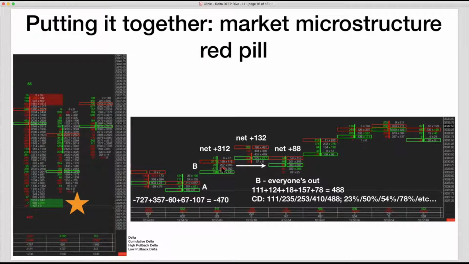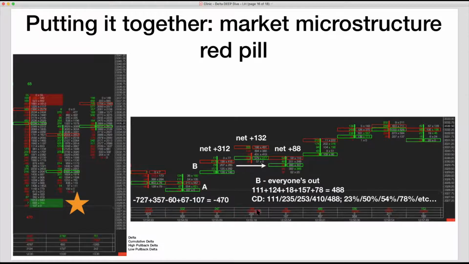Now, what I can also see is that at the close of this candle, I'm plus 18, 488 less 470, so at this price level, I'm net 18 contracts up. If I add the 217 and 77, I'm now net 312 contracts long from the point where everybody was out. And this is like hitting reset in your dome, but hitting reset at the absolutely perfect time.